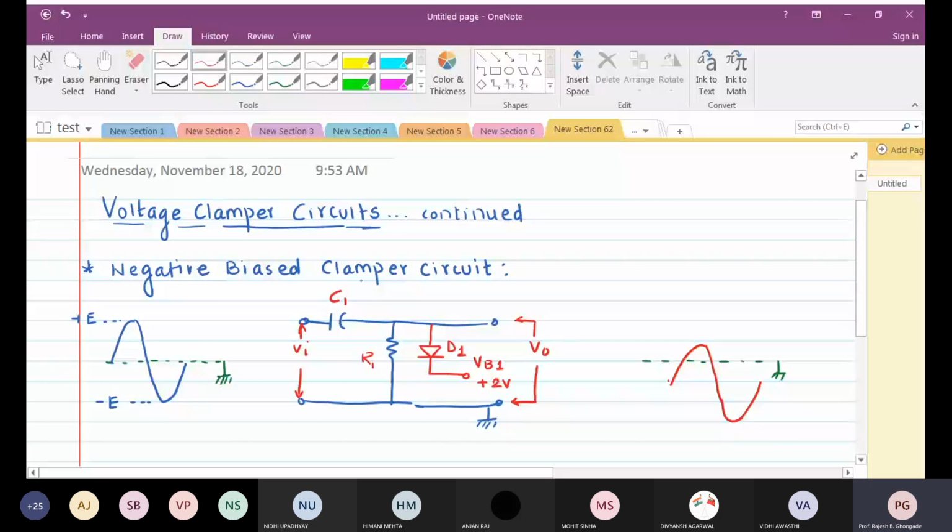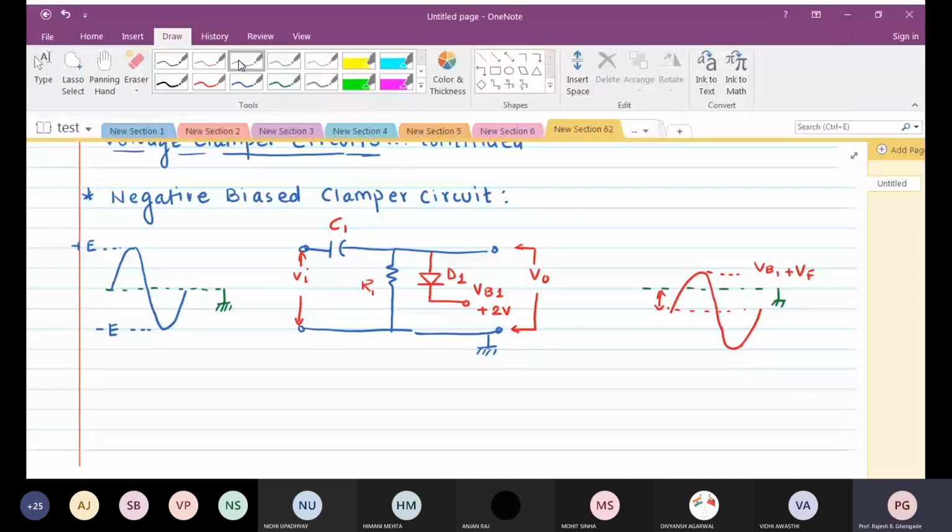You see the DC level is shifted down, right? And this value is VB1 plus VF. So there is a DC shift here for this particular circuit.